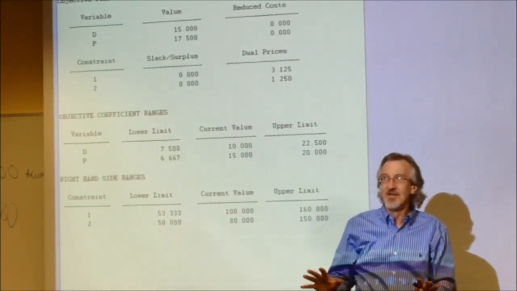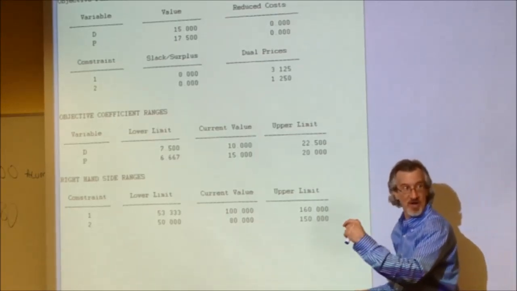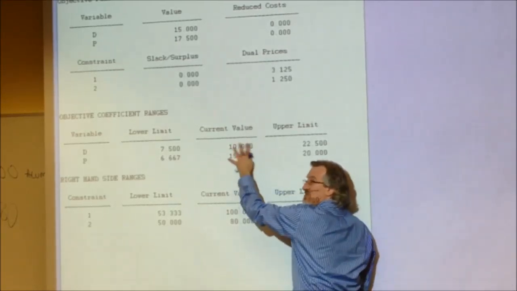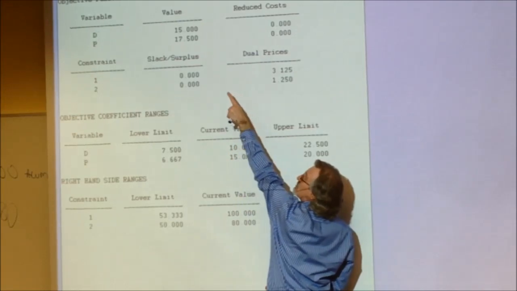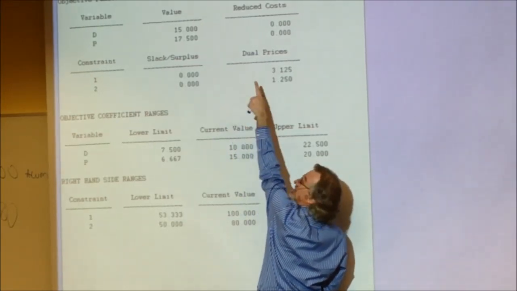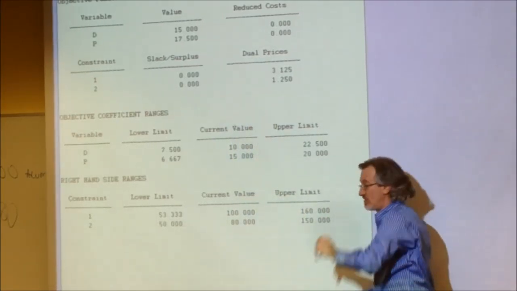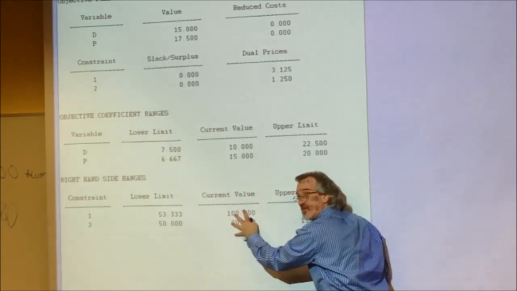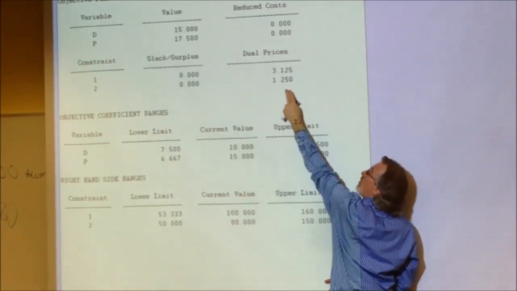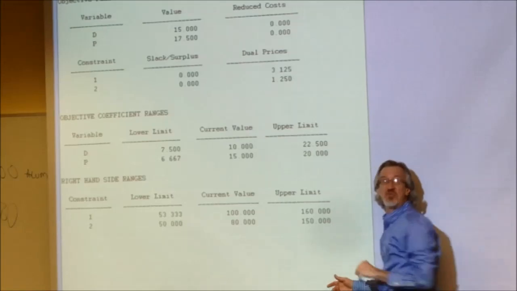You get it? I want to make sure I point out what I did. These changes get multiplied times the optimal solution to figure out the new objective function value. These changes get multiplied times the dual prices to figure out the new objective function value.